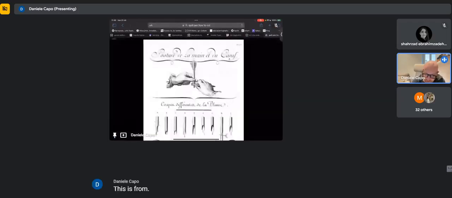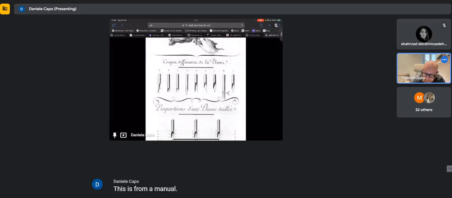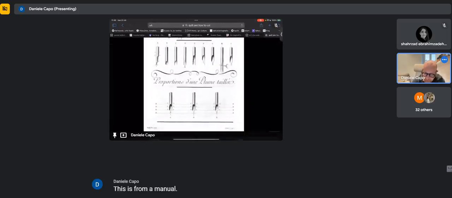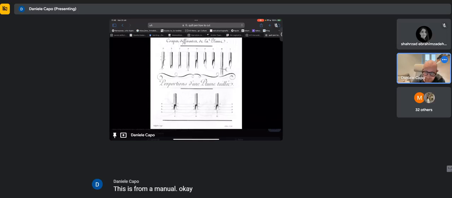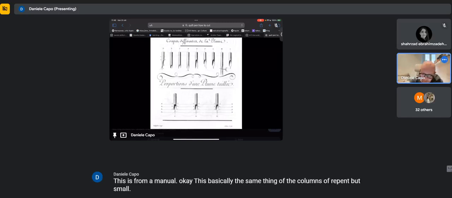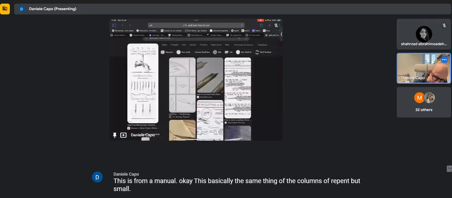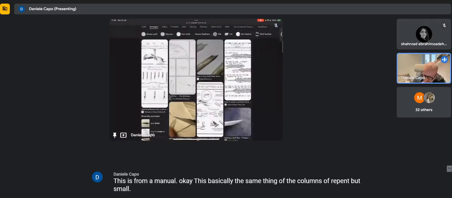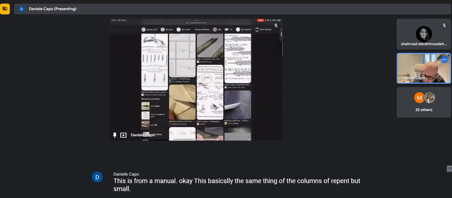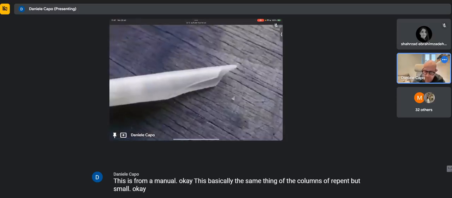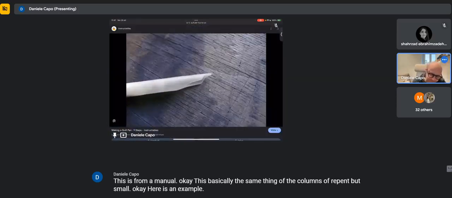This is from a manual. Okay. This is basically the same thing of a calamus, of a reed pen, but smaller. Okay, here is an example. If you are curious about terminology.